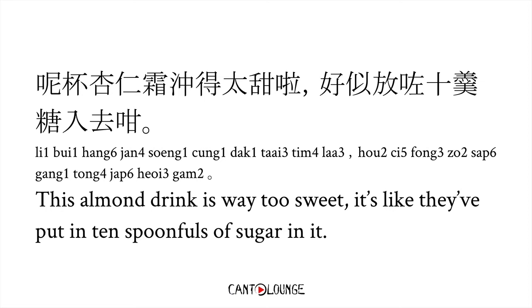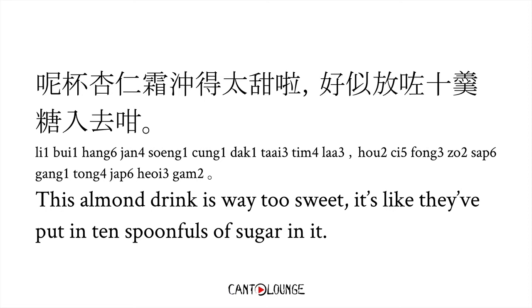And 10羹糖, 羹 is a spoonful, 糖 is sugar. 沖 is when you have powder and you add it to water. That motion of adding and stirring to make a drink is called 沖. Okay, so this almond drink is way too sweet. 呢杯杏仁霜沖得.